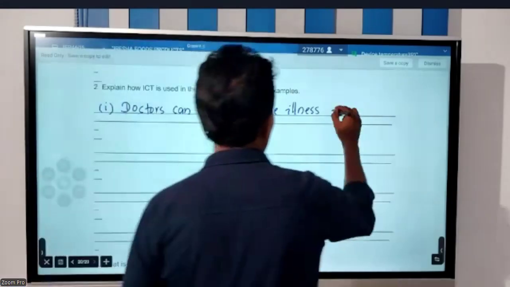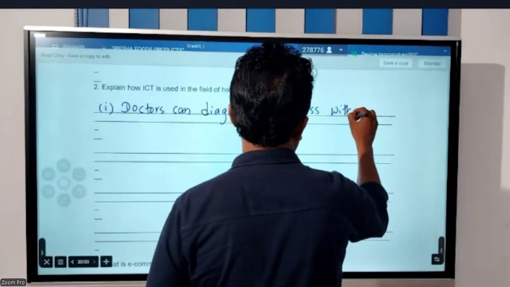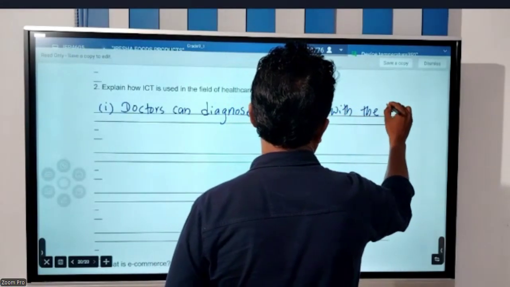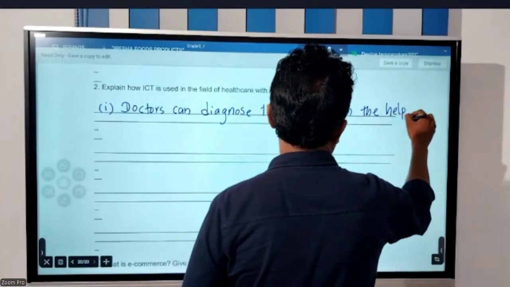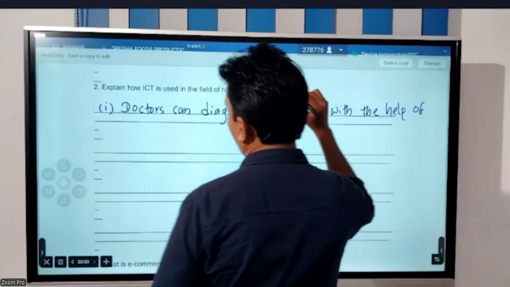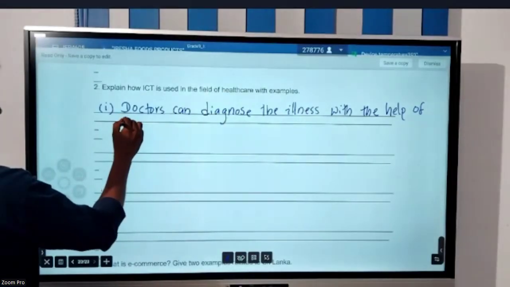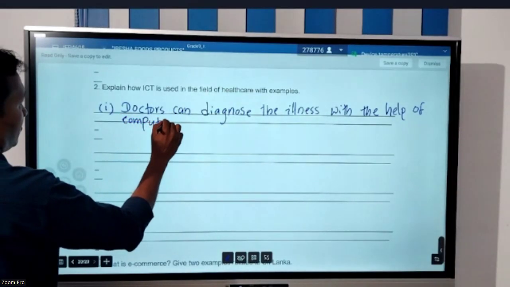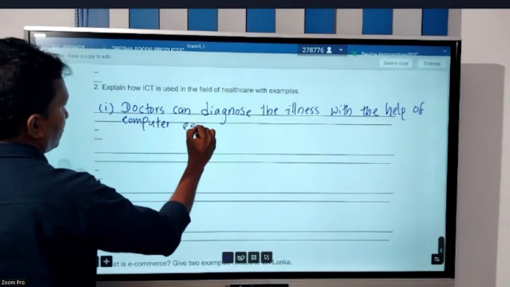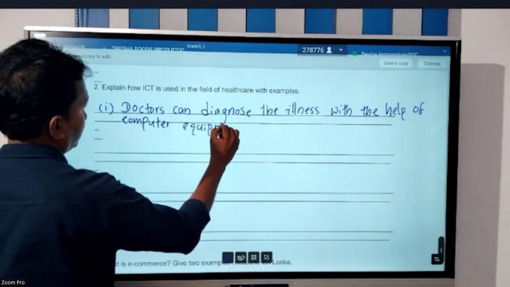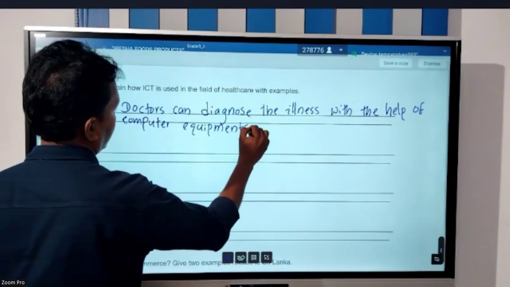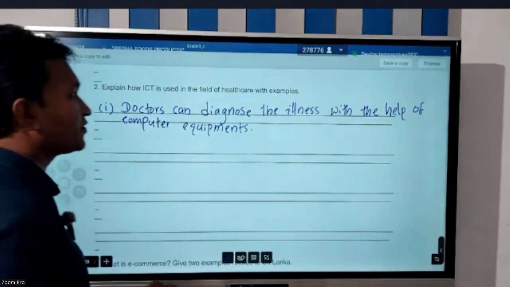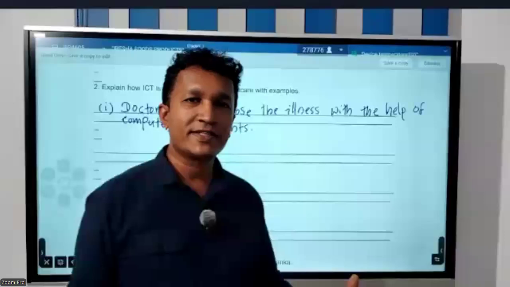Illness with the help of computer equipments. What are the type of computer equipments you can see?